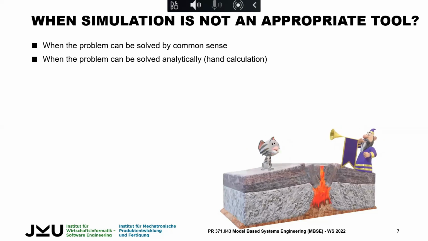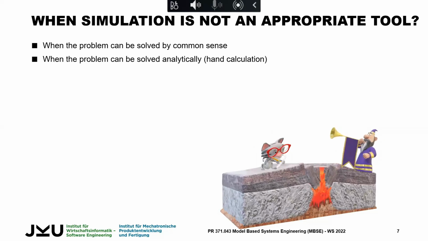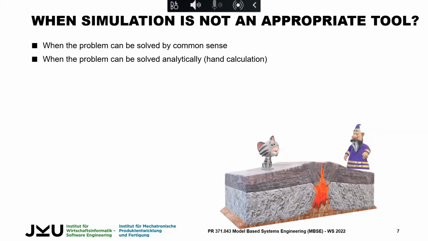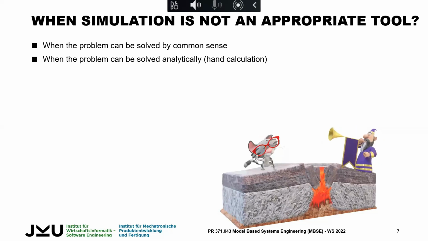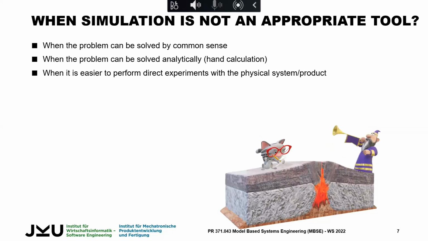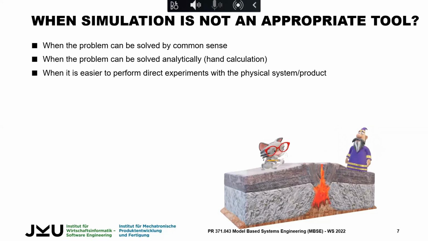Then when the problem can be solved analytically. If you can make the calculation by hand, if it is not complex enough, then you do not need any simulation. When it is easier to perform a direct experiment with the physical system.